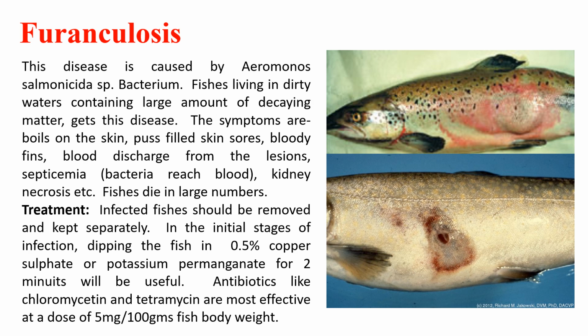Antibiotics like chloromycetin, tetracycline, tetramycin are most effective at a dose of 5 mg per 100 grams of fish body weight. You can see the furunculosis infected fish with sores. The sores are deep and they ooze pus and blood.